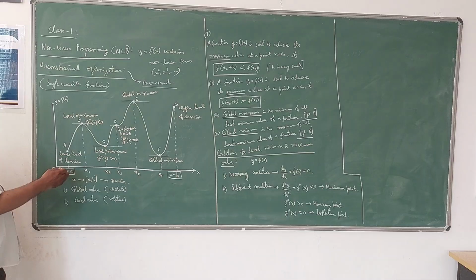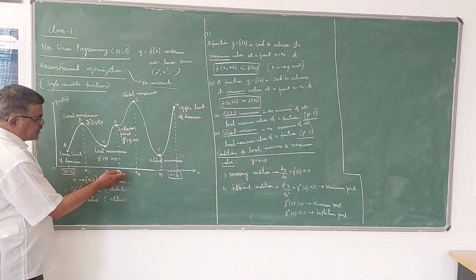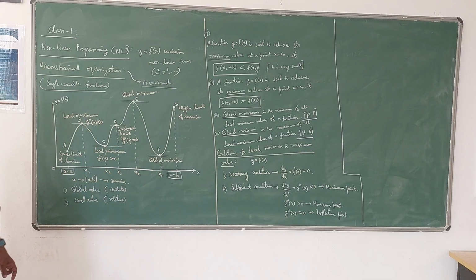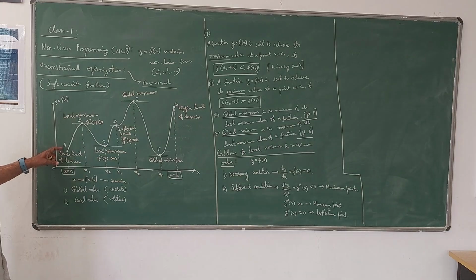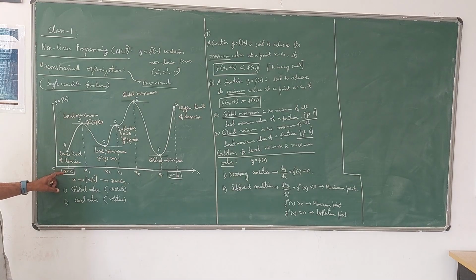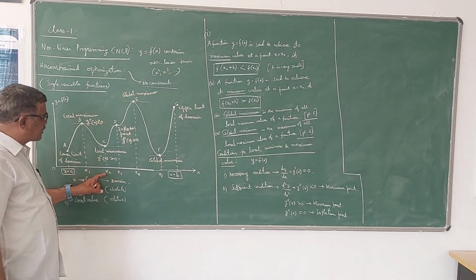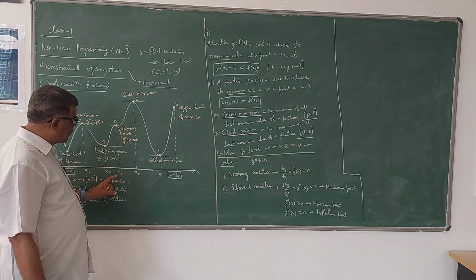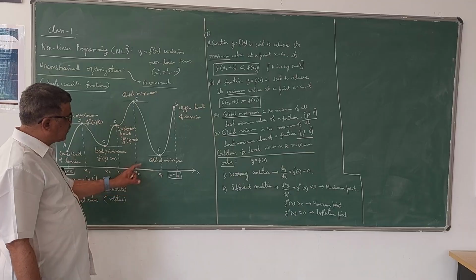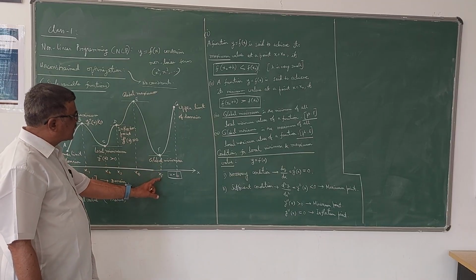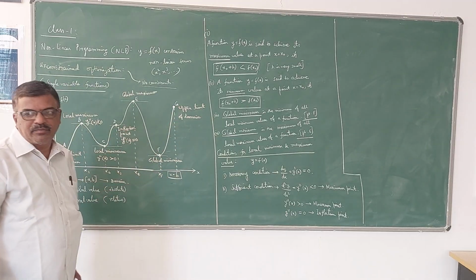In between you have values x1, x2, x3, x4 like that. At the point a, x is equal to a, at the point b, x is equal to x1, at the point c, x is equal to x2, at the point d, x is equal to x3, at the point e, x is equal to x4, at the point f, x is equal to x1, and at the point g, x is equal to b.